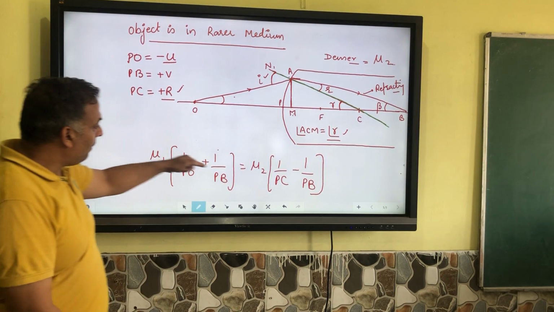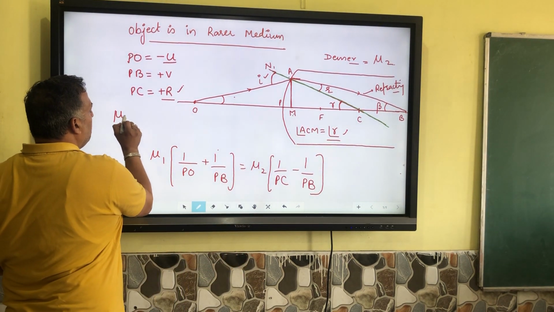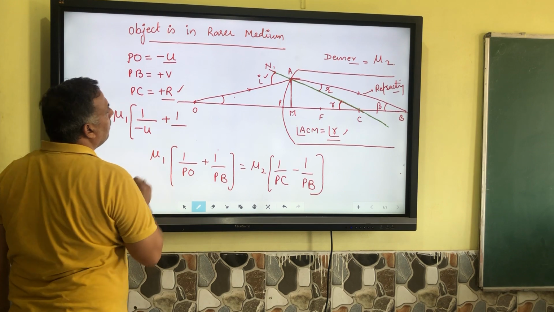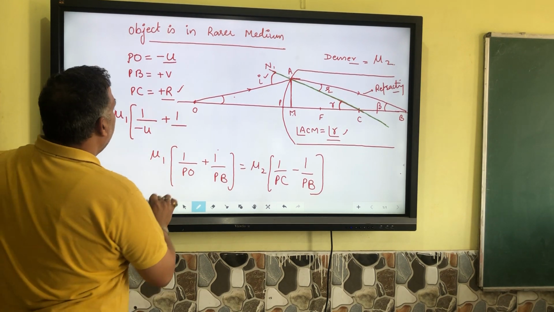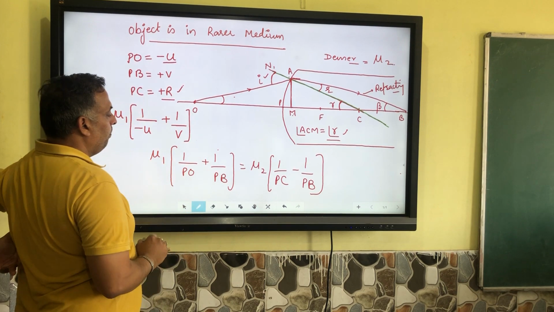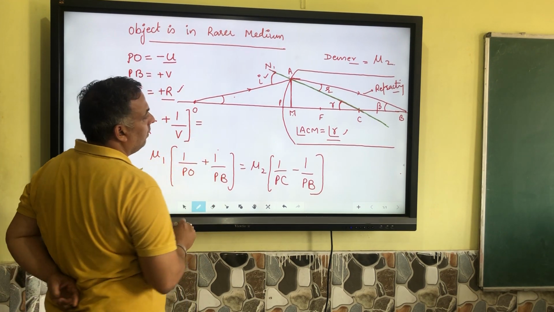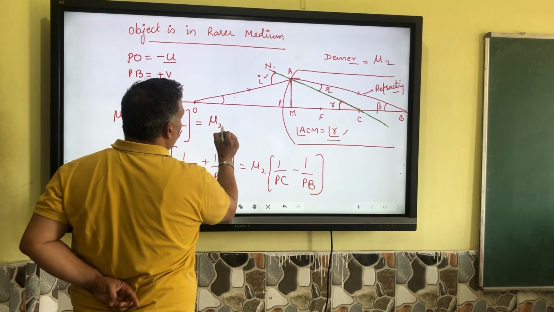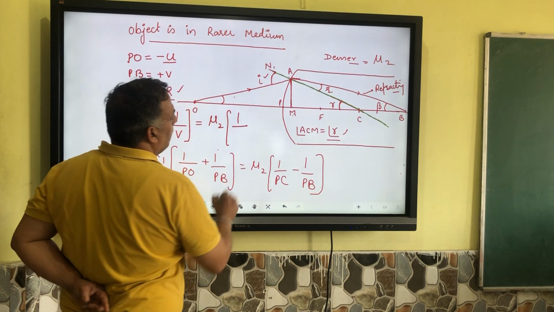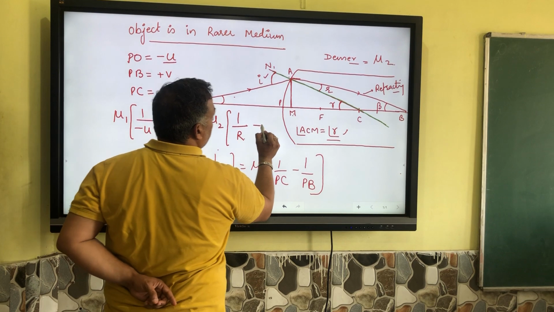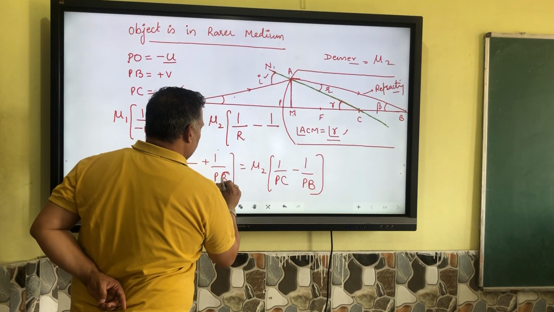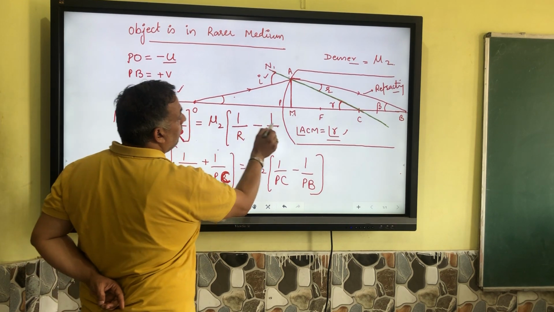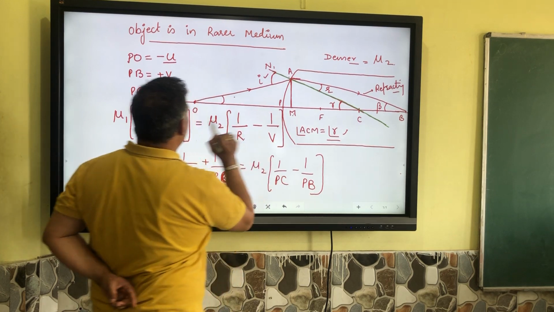Now putting the values in this equation, it becomes mu1 into 1 upon minus u plus 1 upon v is equal to mu2 into 1 upon R minus 1 upon plus v.